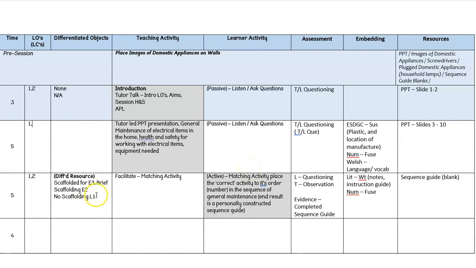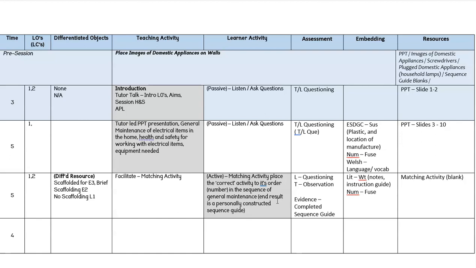Right, so here I'm going to then move on to what we're going to call a matching activity. They've got a matching activity and they're going to have an activity that's already prepared. Oh, so it's a sequence guide. No, it's not the sequence guide, it's the matching activity here. In this, they're basically matching the correct order of this, which is going to be checking the wiring of a plug, the correct order of that sequence.